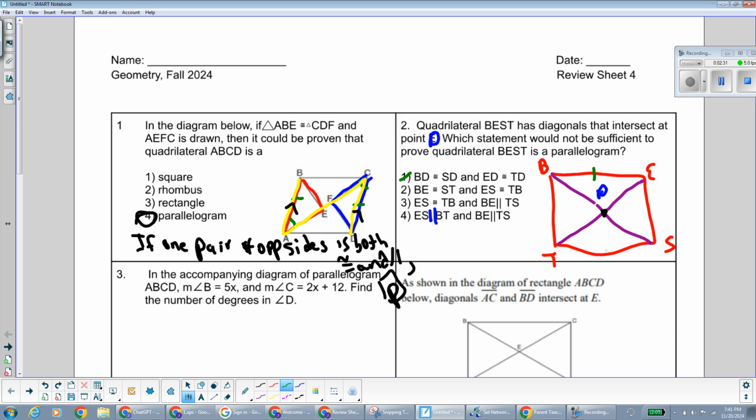BE is congruent to ST, and ES is congruent to TB. That does work. If both pairs of opposite sides are congruent, the quadrilateral is a parallelogram. Notice how both pairs of opposite sides are congruent.